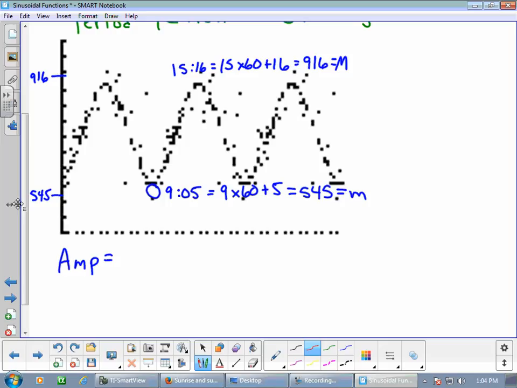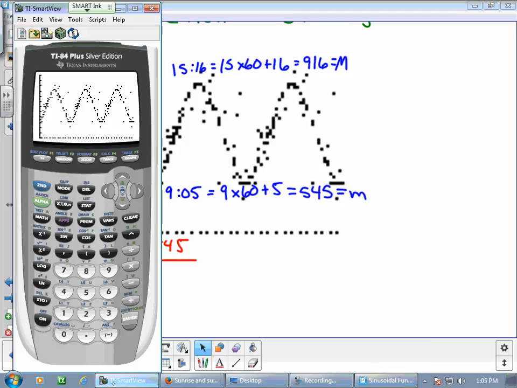Because the amplitude is not from top to bottom, but from center to top or center to bottom. So we want to take the difference here, 916 minus 545, and divide that by 2. 185 and a half.